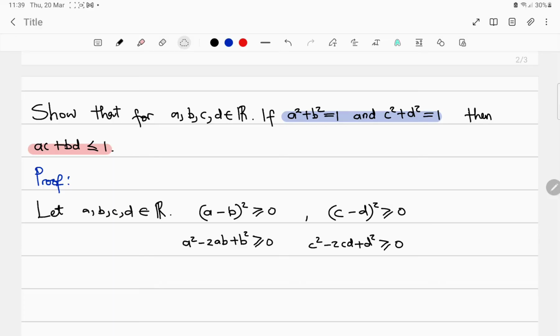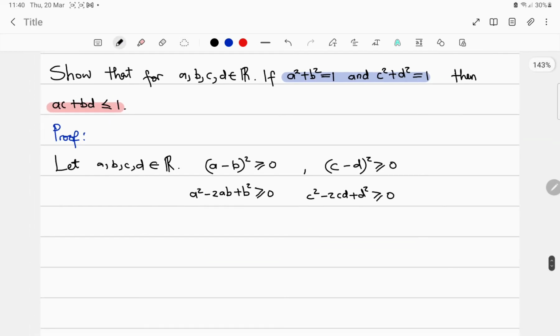So here, we are told that A squared plus B squared is equal to 1. Let's work with the first one first. We have A squared plus B squared is greater than or equal to 2AB. And for the second one, we get C squared plus D squared is greater than or equal to 2CD.